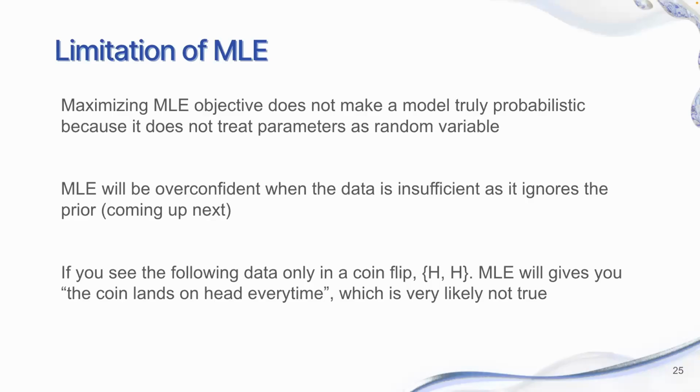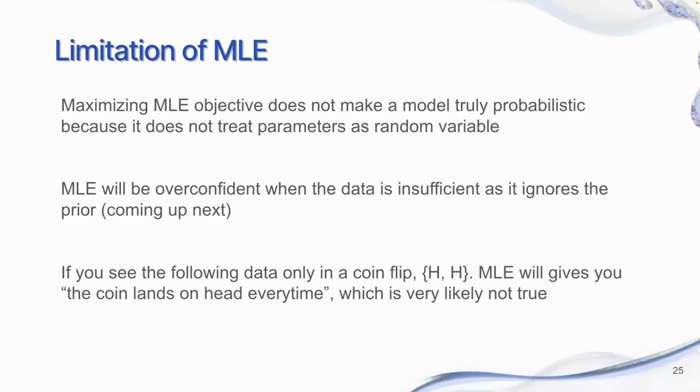If you don't know what a prior is, that's fine. Just know that MLE only makes predictions based on what it sees so far. So if it only sees a very small sample of data, it's probably overconfident about what is actually going on, because there might be luck or just coincidence.